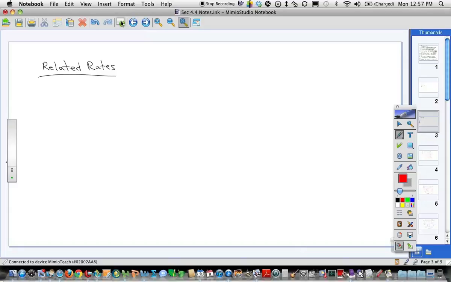A simple example would be, let's take two cars starting at the same spot. One travels north, the other one travels west. Well, there's several distances there that are changing as the cars travel. There's the westward distance of the car going west. There's the northward distance of the car going north.